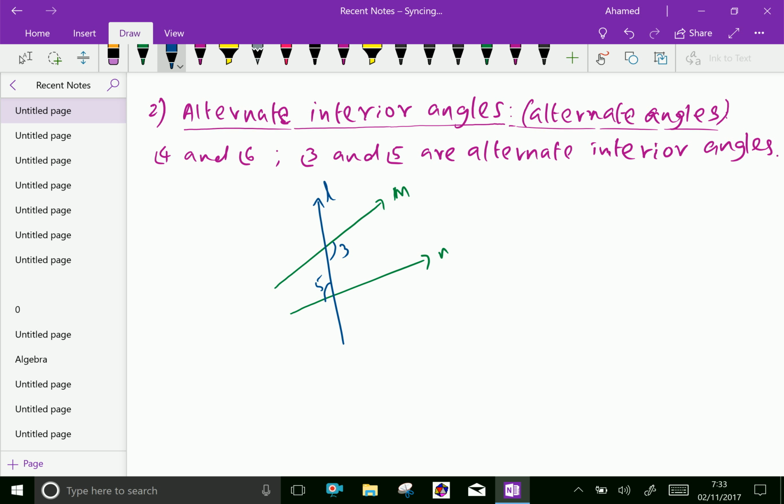Angle 5 and angle 3 are on alternate sides of the transversal L as well as inside the lines M and N. So angles 3 and 5 are alternate angles, as well as 4 and 6. Angle 4 and angle 6 are also alternate interior angles.